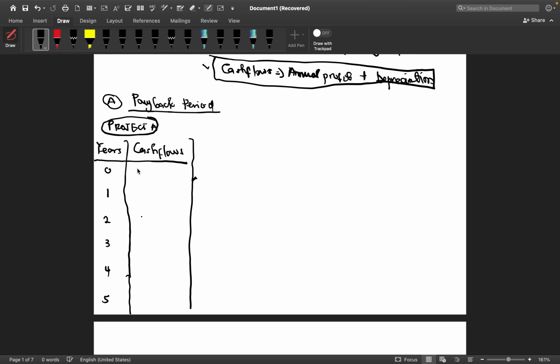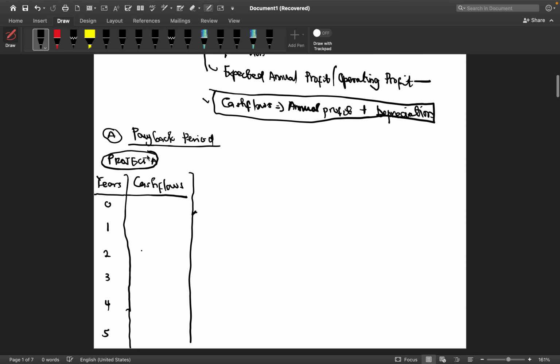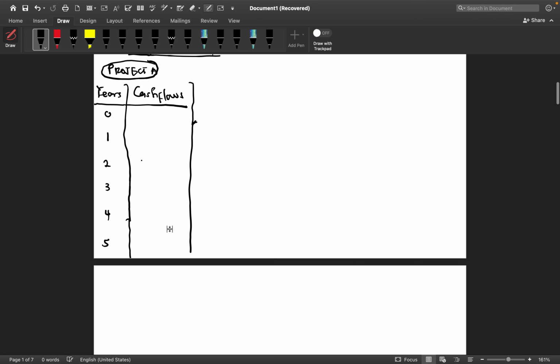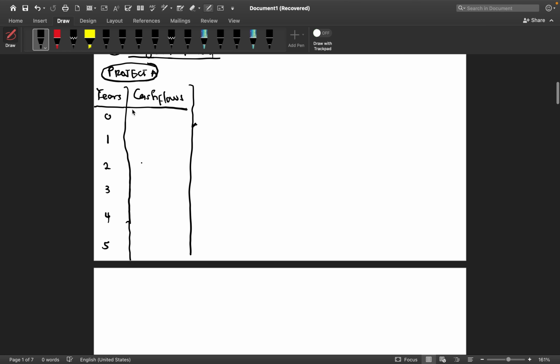So year 0, in the question, it was stated as initial investment. When you check the question, initial investment is 150,000. The initial investment was given in the question as 150,000, and initial investment is the same as year 0. So our initial investment, I put it in bracket, is 150,000.